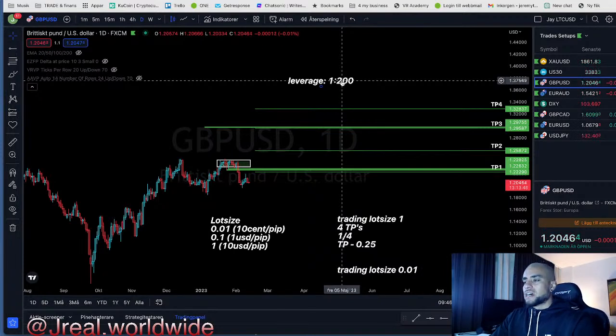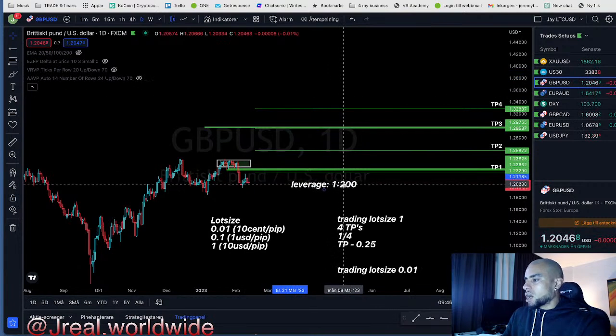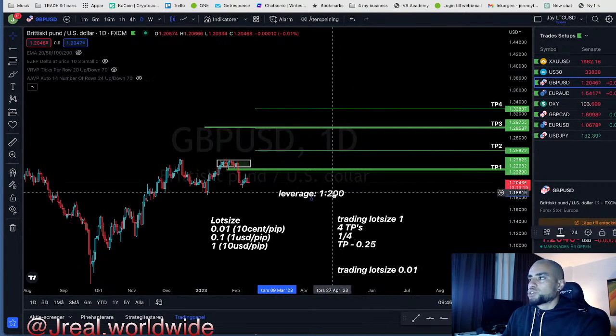You get used to putting in the take profits and the stop losses, how to split up the lot size for different take profits, and so on. And you get a feeling for market movements and volatility and all that good stuff. So this is basically it on how to trade.